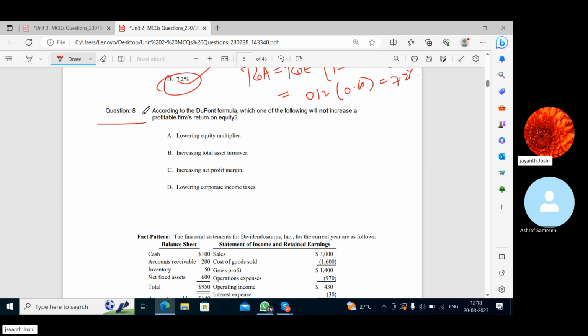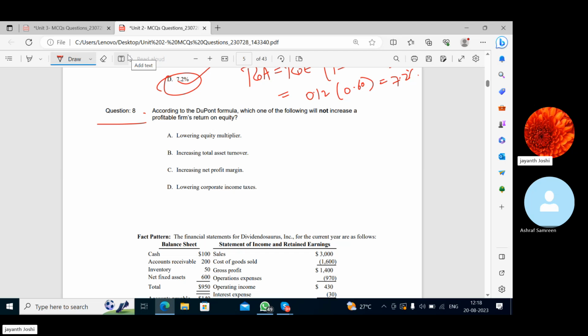Option D. According to DuPont formula. You know DuPont formula is a combination of two formulas, right? Which one of the following will not increase a profitable firm's return on equity? Lowering the equity multiplier would increase a profitable firm's return on equity. So what is DuPont formula?